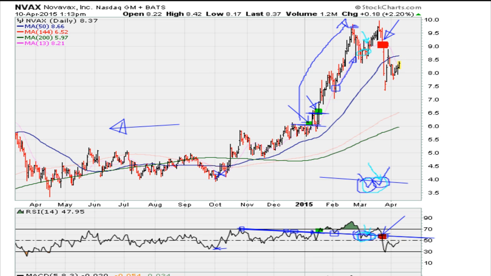It so happens that that line also coincides very nicely with the previous line we drew here, this lows line. So both of them coming to the same point. It's interesting how that plays out. As you can see, both lines intersect here. Once you drop below that, the prices have dropped since then.